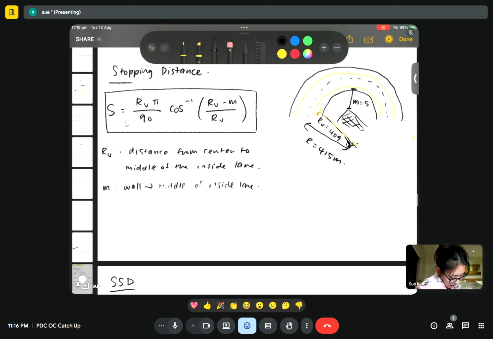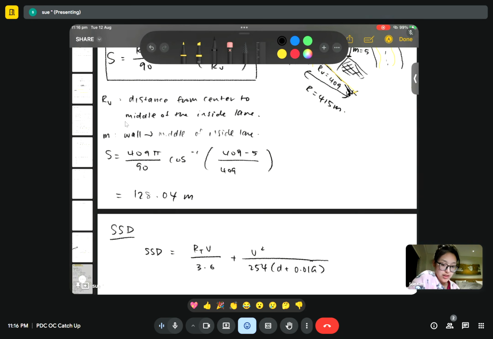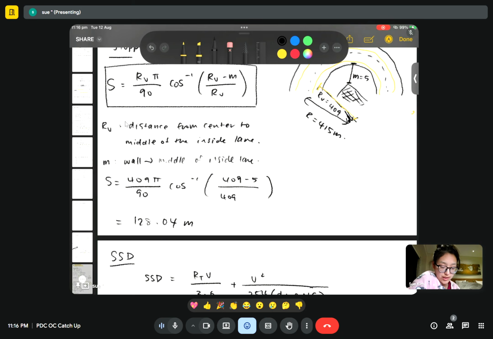Okay, so then I'm subbing in those numbers, and I should get 128.04 meters. Now I need to check, basically, is this enough distance of seeing the object to be able to stop in time?